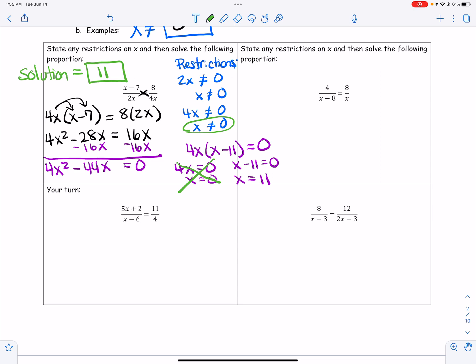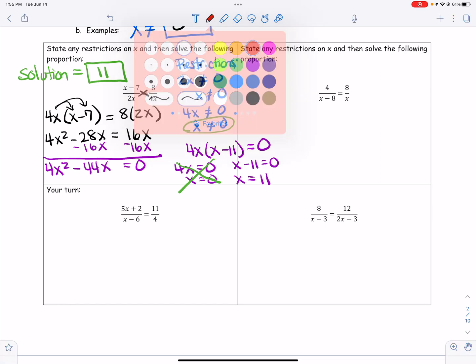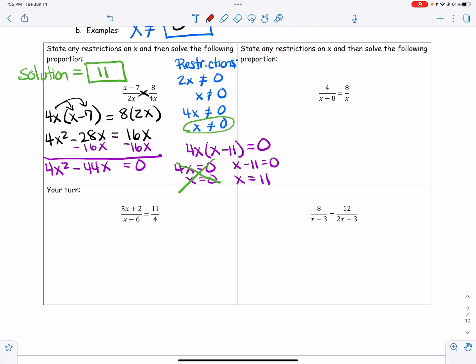Okay. So going to the next one, we have our restrictions. x cannot equal 0. That's the first denominator. And x minus 8 cannot equal 0, which says that x cannot be 8. Then I solve it.